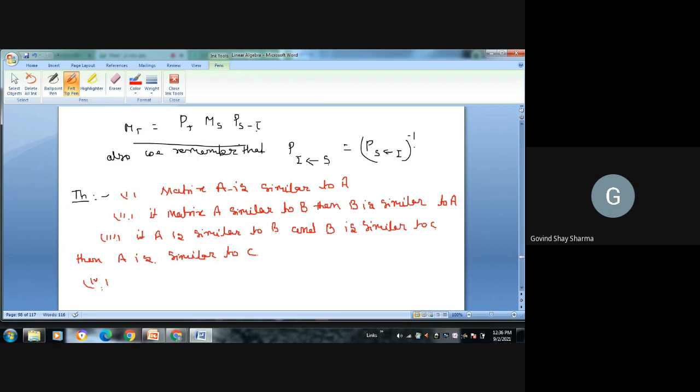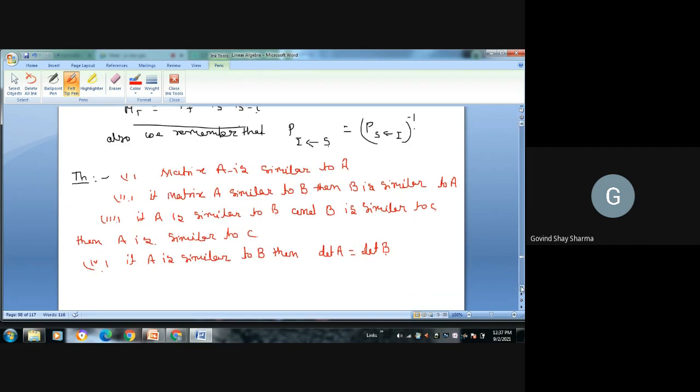If A is similar to B, then determinant of A is always equal to determinant of B. These are the facts we have to remember because these are the facts asked in competition exams.